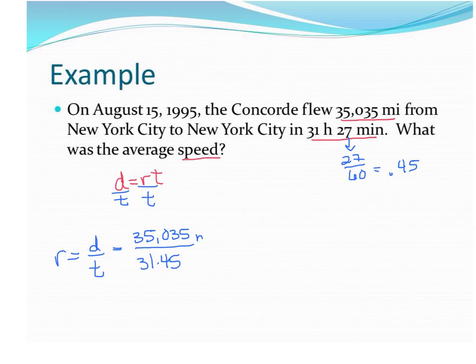And if we look at our units, this was miles per hour, so that would be a rate. So 35,035 divided by 31.45, approximately 1,113.99 miles per hour. It's pretty fast.